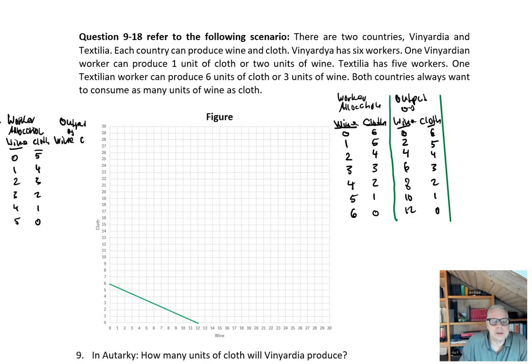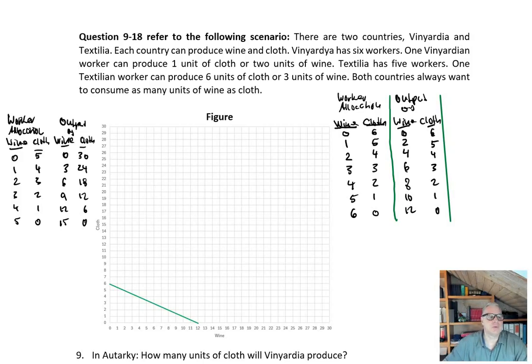of wine and cloth? Okay, so a Textilian worker can produce 6 units of cloth or 3 units of wine. So if you multiply the wine column by 3, we get 0, 3, 6, 9, 12, 15, and can produce 6 units of cloth. So we multiply the cloth column by 6, so that is 30, 24, 18, 12, 6, 0.